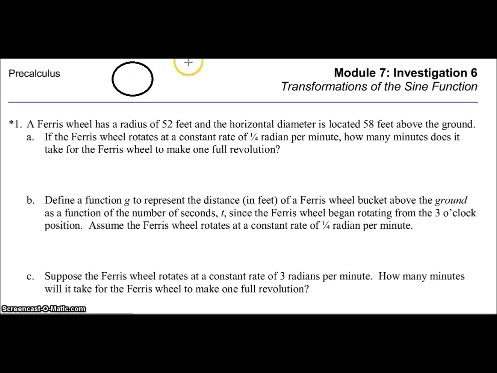If the Ferris wheel rotates at a constant rate of 1/4 radian per minute, how many minutes does it take for the Ferris wheel to make one full revolution? Well, we know that there are 2 pi radians in one complete revolution.